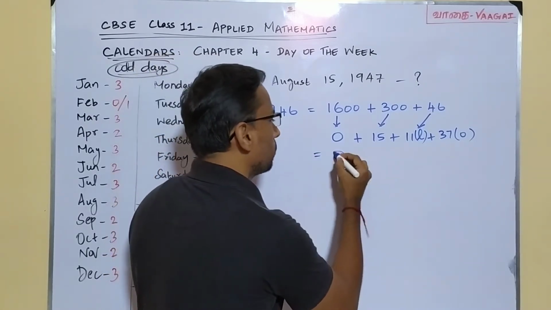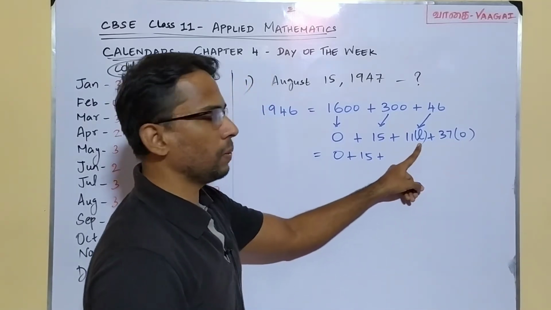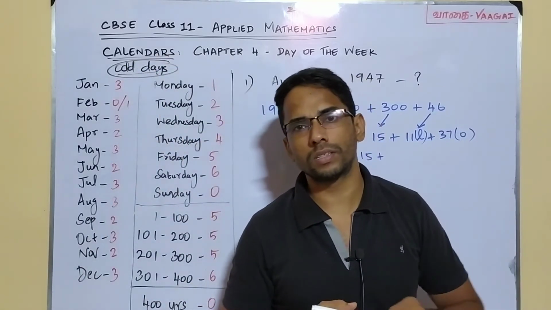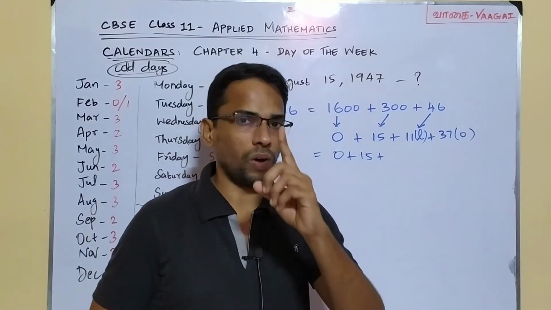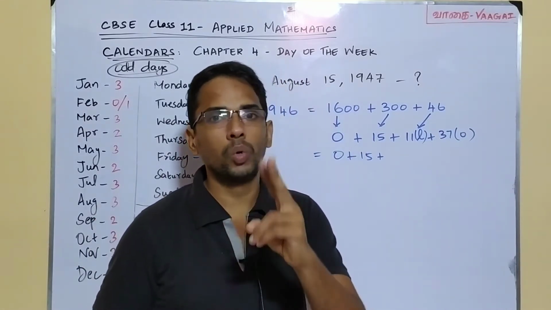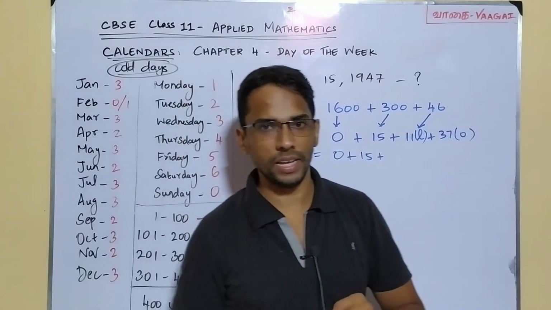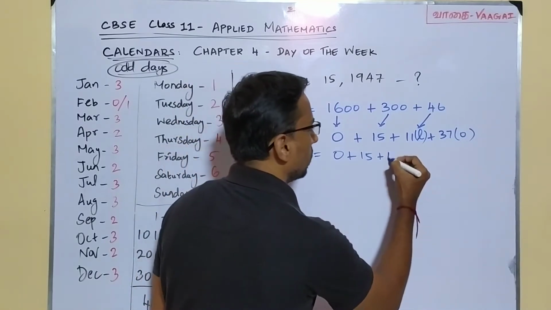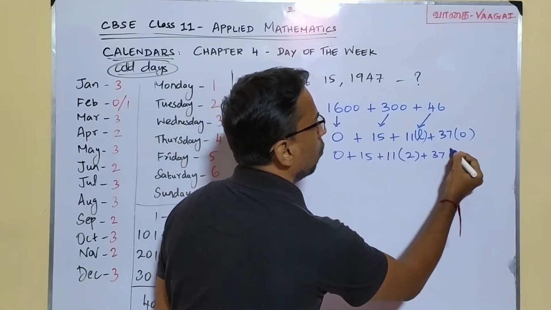So let's continue: 0 plus this 15 plus this 11 times leap year. For one leap year how many odd days? We have already seen that in our previous sessions: one leap year has 2 odd days and one ordinary year has only 1 odd day. So 11 into 2 odd days plus 37 into 1 odd day.